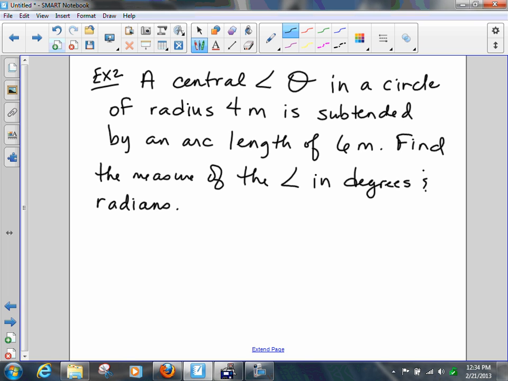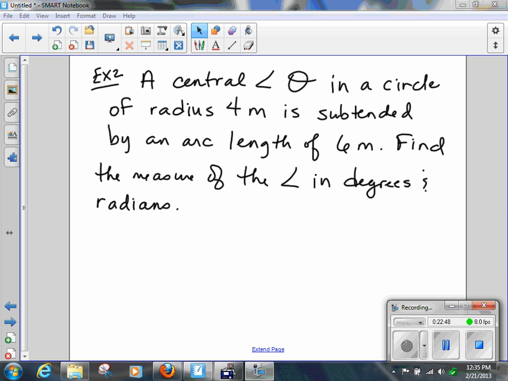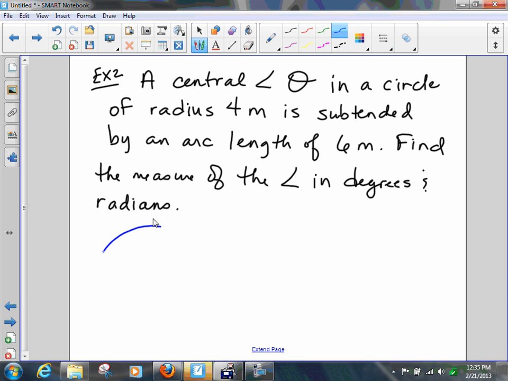That's a lot of words. I agree with you, that is a bunch of words. Why did I have to make it so wordy? My same angle I always draw, I don't care the size. What can I put in my picture? Central angle in a circle of radius 4. That's important to me. Put it in your picture.